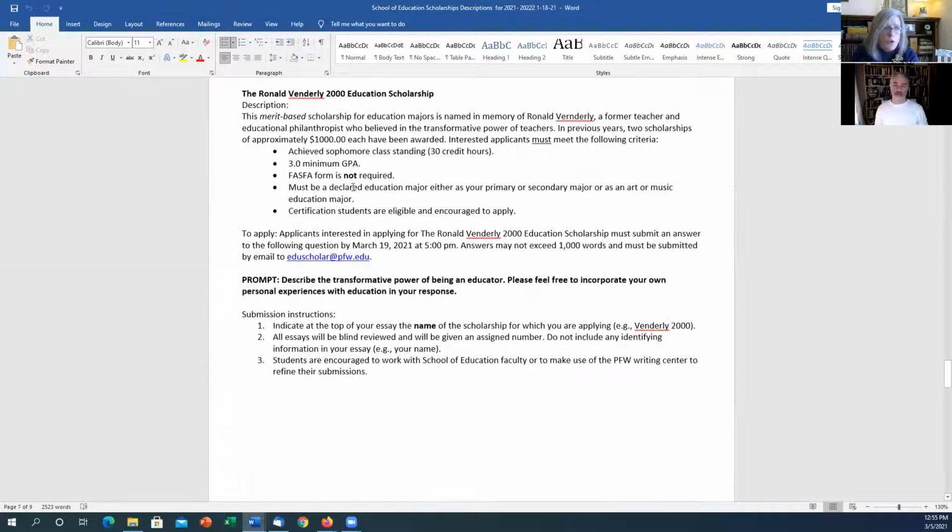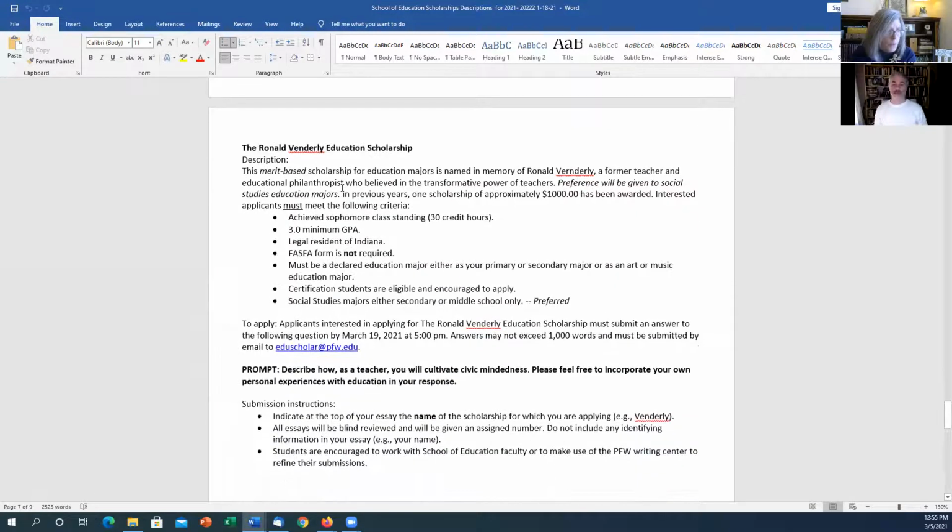Moving on, there are two Benderly scholarships I want to point out in particular. This one is merit-based, so FAFSA is not required. However, I want to highlight this: if you are a secondary student and you have some sort of social studies major or concentration, apply, apply, apply.